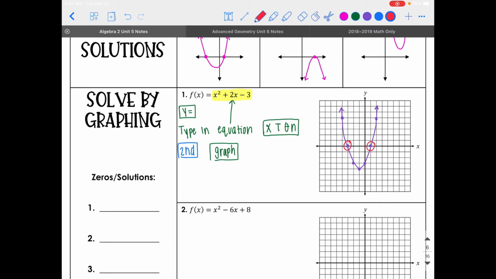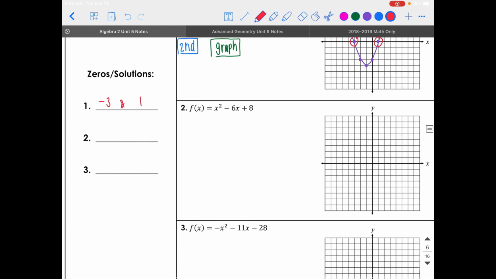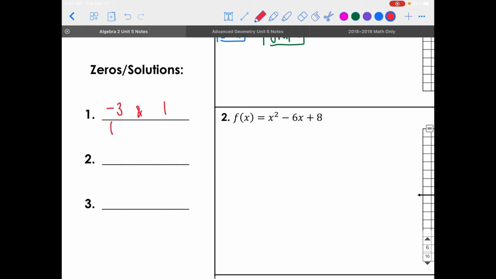Those two points are the x-intercepts, and they are -3 and 1. Most of the time, you can just write -3 and 1. You don't have to write out the actual point. However, on a multiple choice, it's possible that your answers could look like this: -3, 0, and 1, 0.